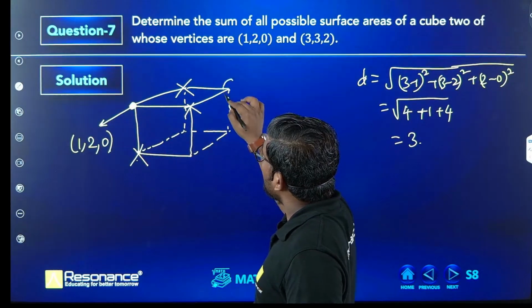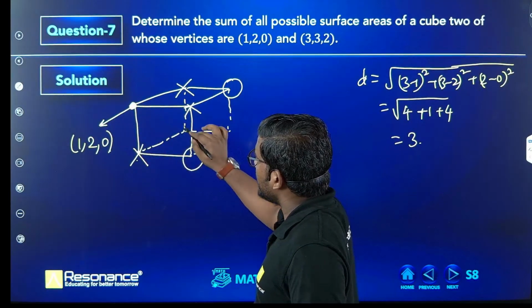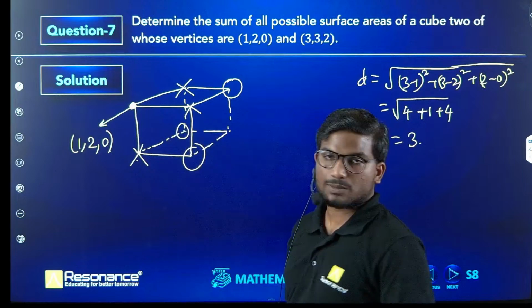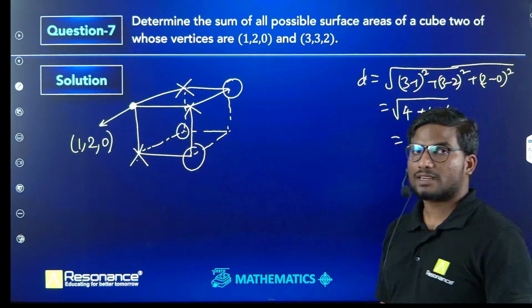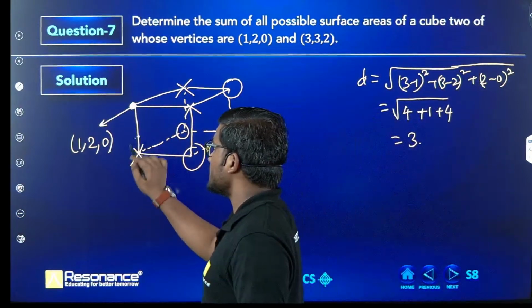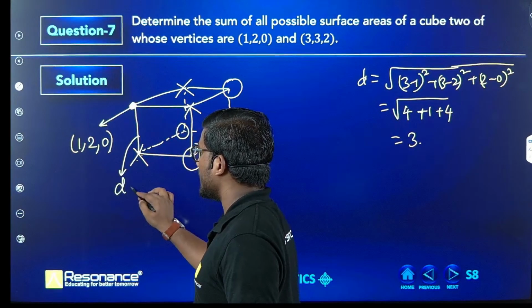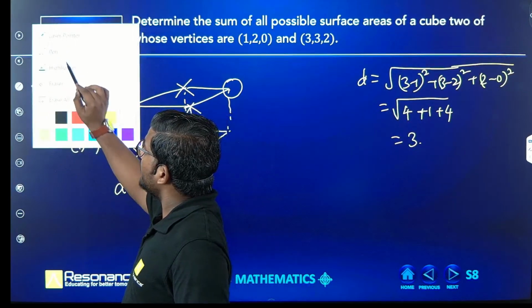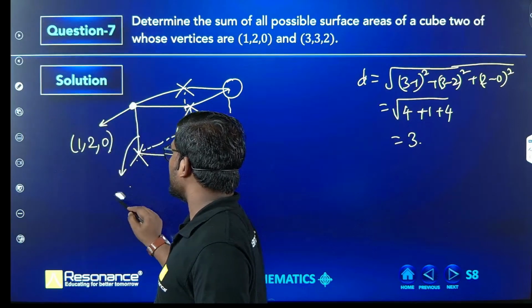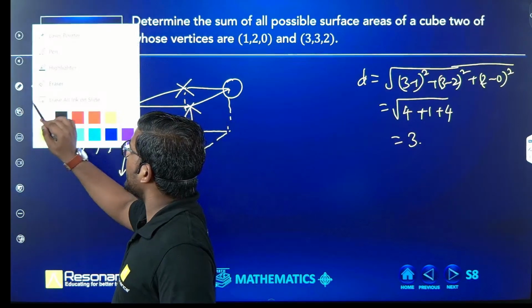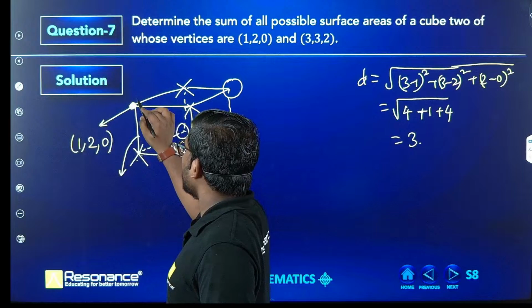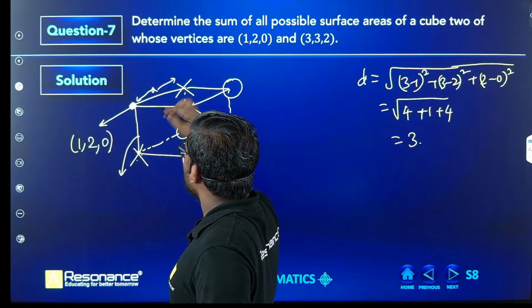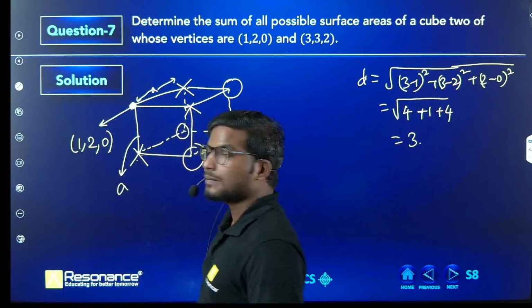Now these three positions are 1 for this vertex, correct? Since these three positions, the value is, if we can say that the side length of the cube, whatever is there, if we call that A, this part is A currently.